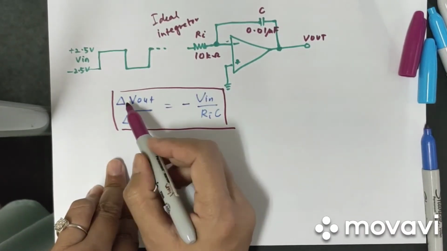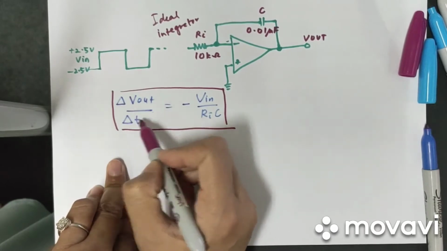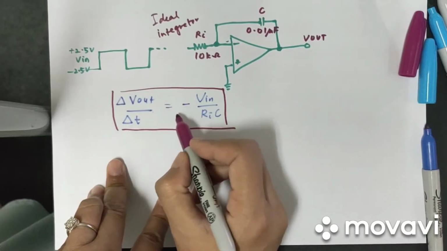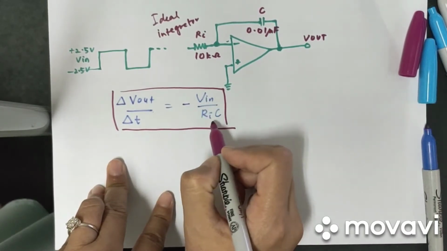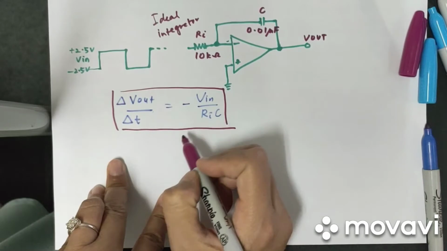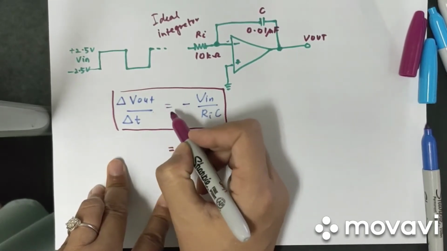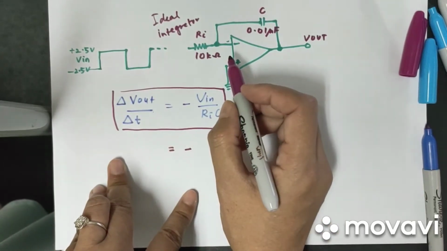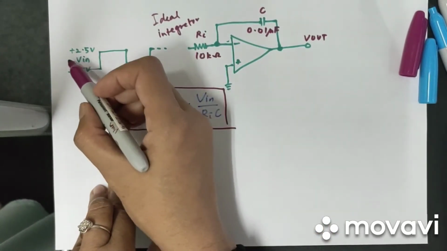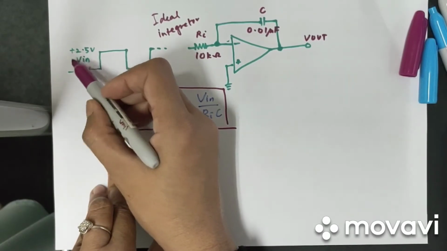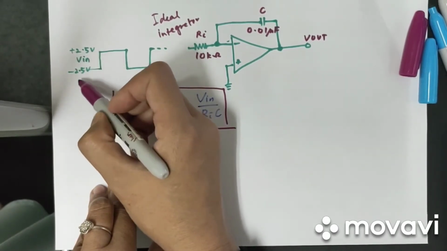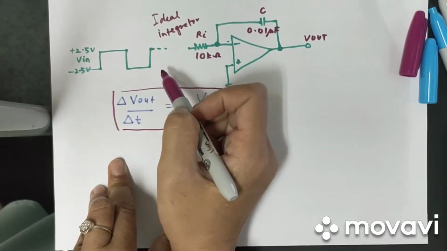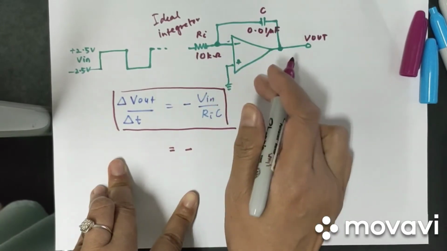Rate of change is delta V out over delta T, which equals negative V in over R input times C. So we just fill in the formula. Our V in is given here as positive and negative 2.5 volt. It's a square waveform input into the amplifier.